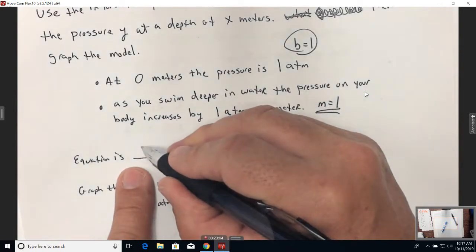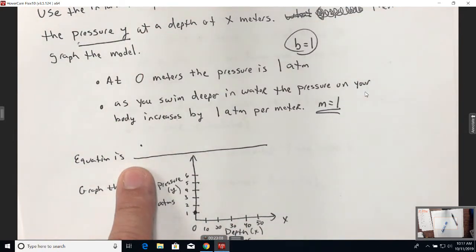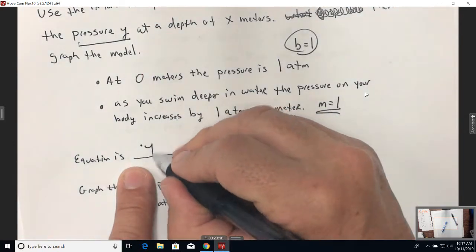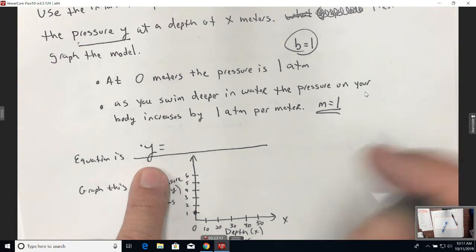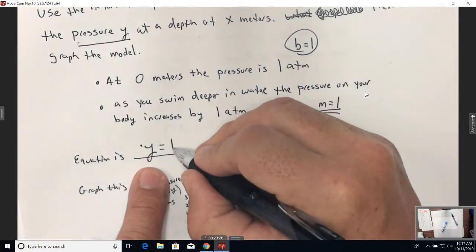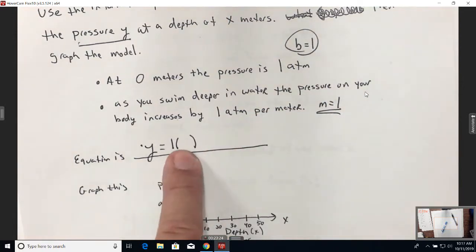Okay, so what's my equation? The pressure, which is P, but we're not using P for pressure. What is used for pressure? Y. That pressure Y is equal to, how is pressure being added? 1 atm per each meter that I go down. So if I go down 1 meter, it's 1. 2, it's 2. 3, it's 3.